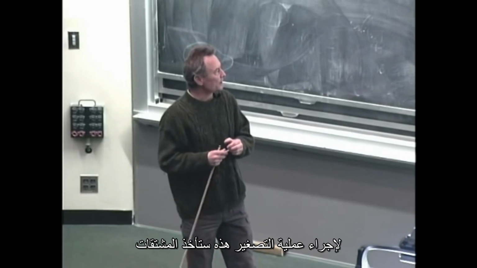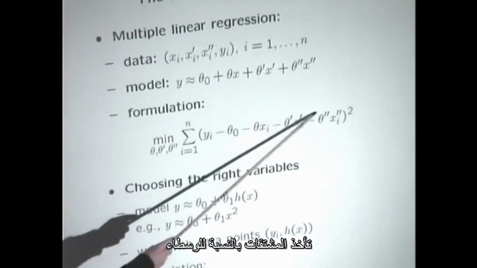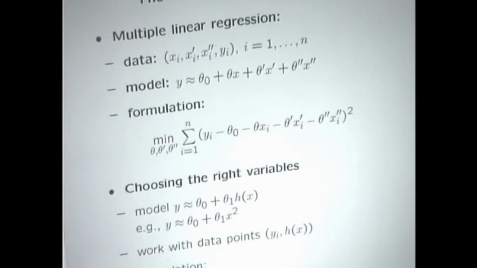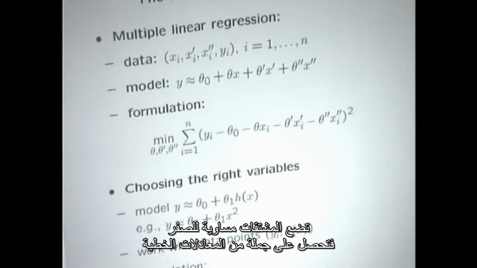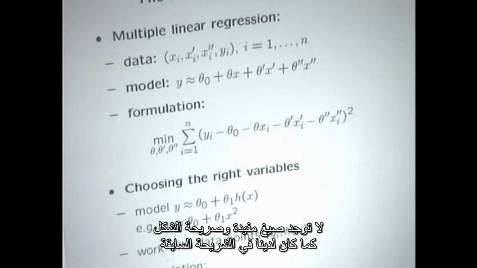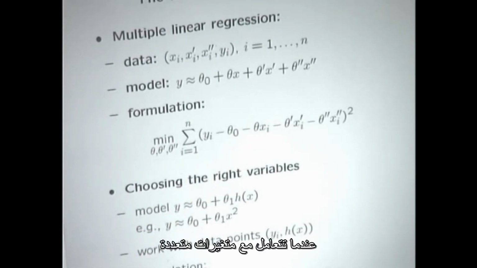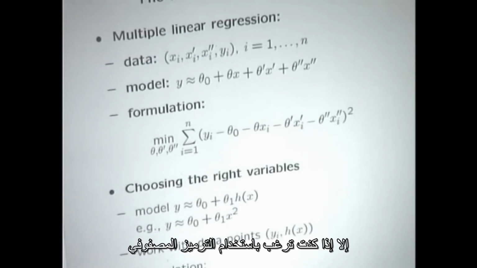Well, to do this minimization, once you have your data, you have a function of these 3 parameters. You take the derivative with respect to the parameters, set the derivative equal to 0, and you get a system of linear equations. You throw that system of linear equations to a computer, and you get numerical values for the optimal parameters. There are no nice closed form formulas of the type that we had in the previous slide when you're dealing with multiple variables, unless you're willing to go into matrix notation.